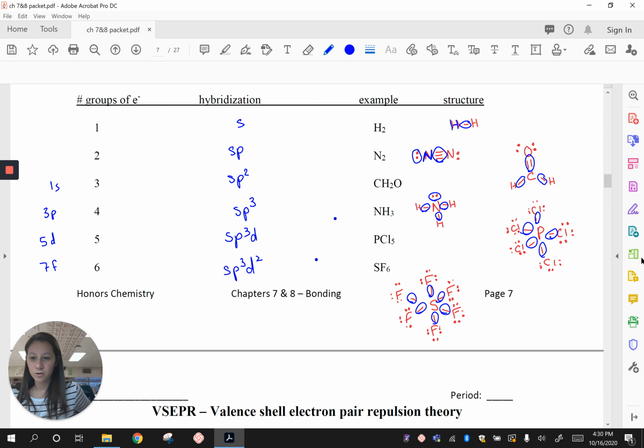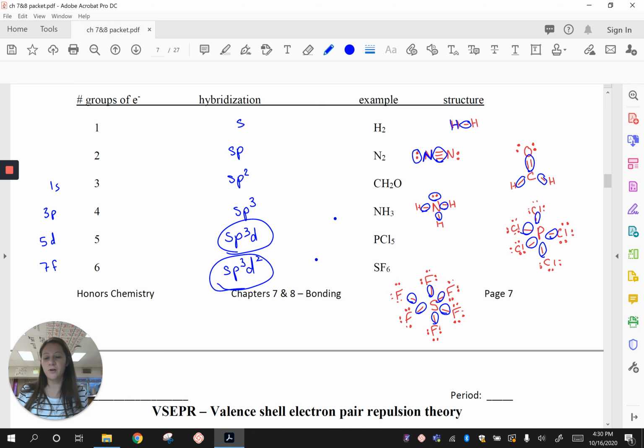One quick note. These hybridizations right here where there's a d involved: a few years back, maybe 8 or 9 years ago, they proved that the d orbitals don't actually mix together with the s's and the p's, but they haven't really come up with any research to explain what is actually happening.